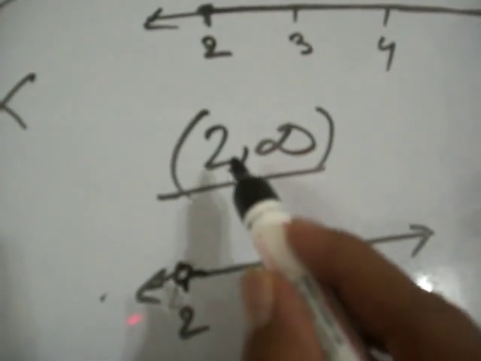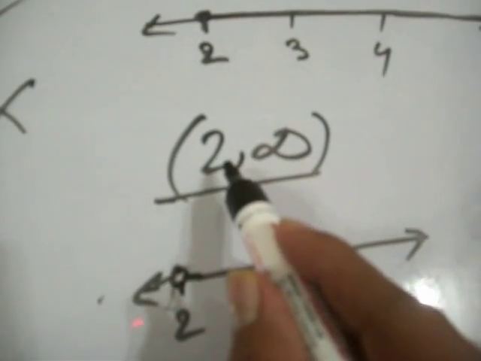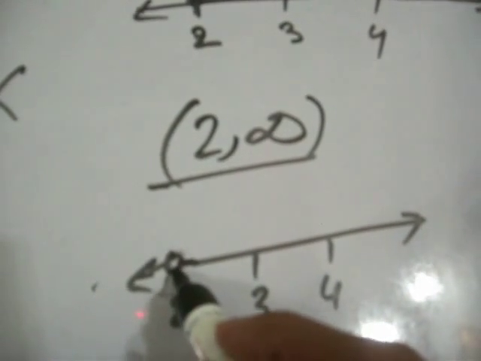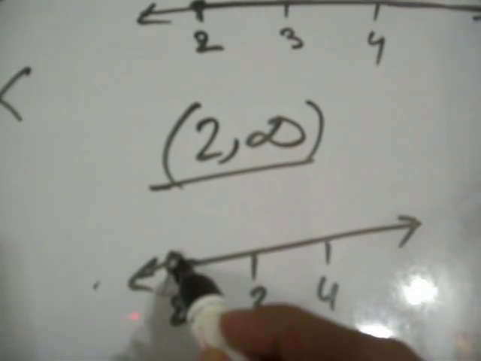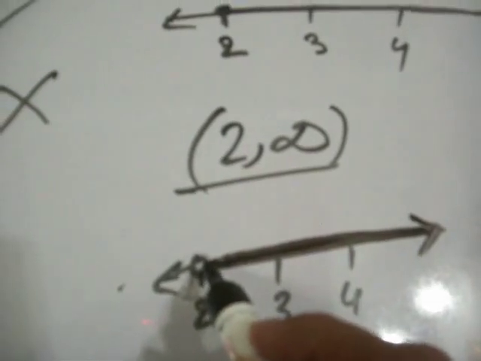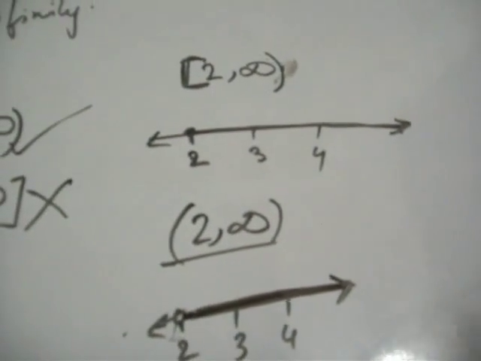And again, as the number line between 2 and infinity is the desired answer, we darken this part again till infinity, but we keep this 2 like this to show that the 2 is not included.